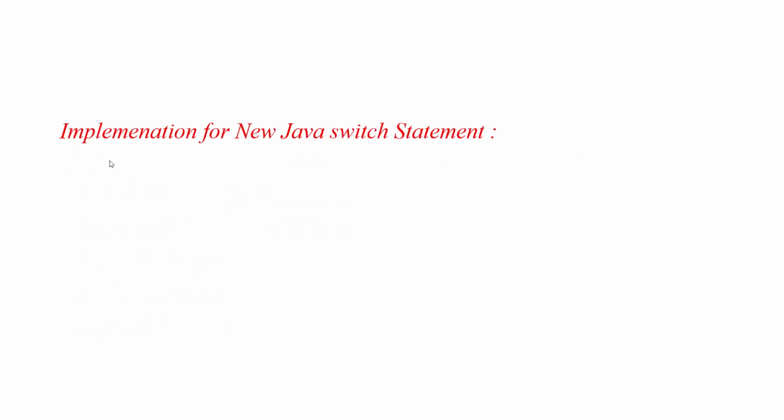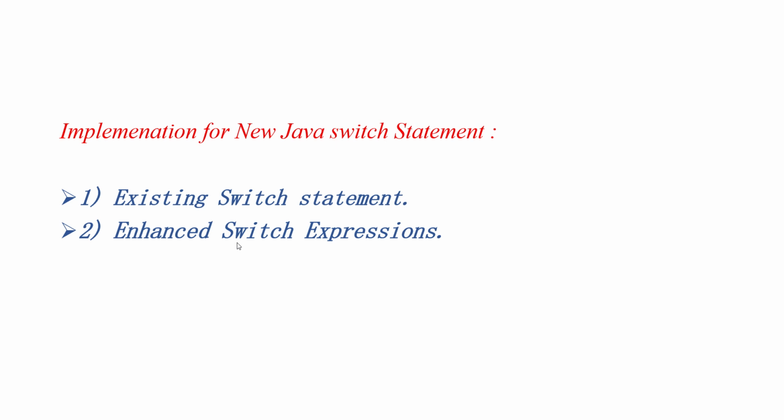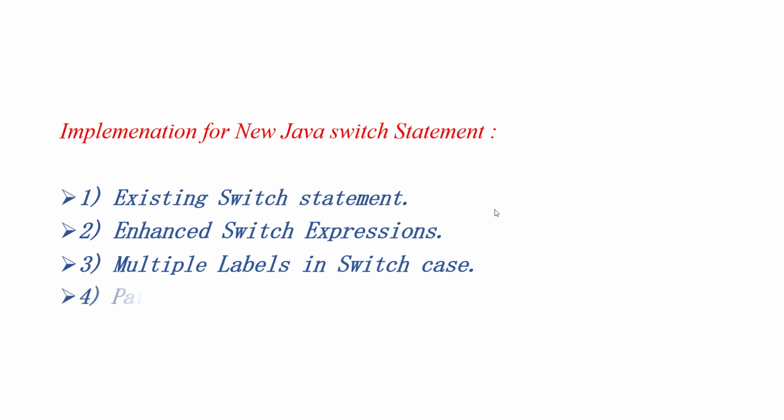Now we are going to implement some of these points. First we will see the existing switch statement, how it is. Next we will see enhanced switch expressions, and how the switch expression returns a value. Next we will see multiple labels in switch case with an example.